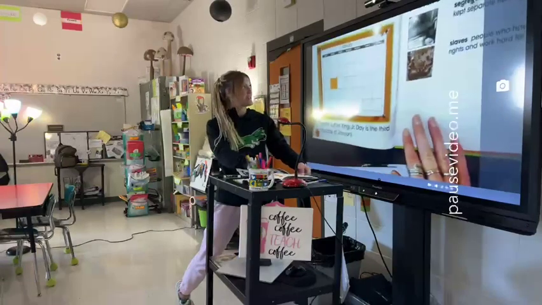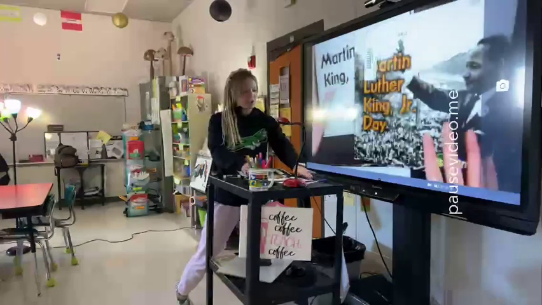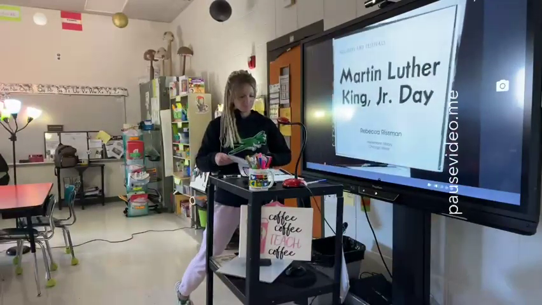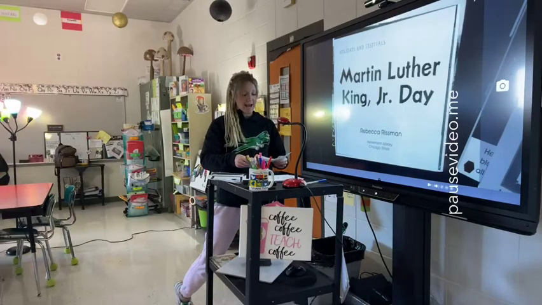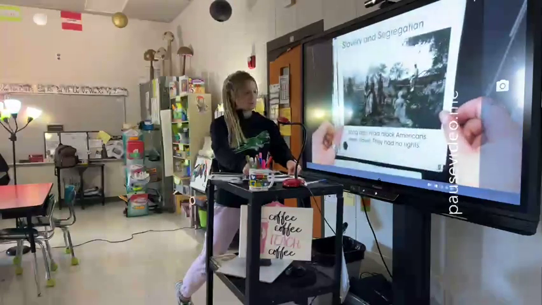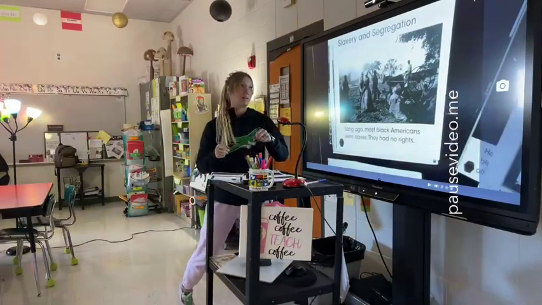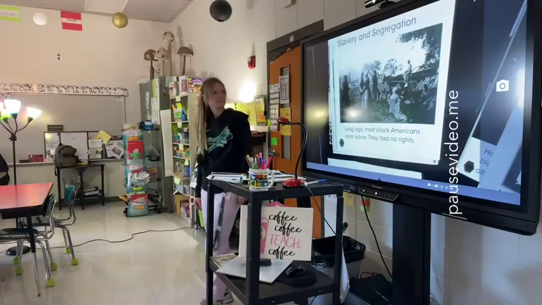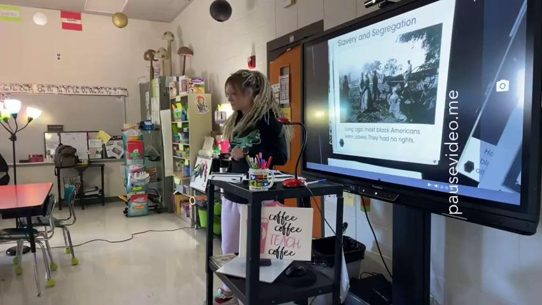And then it just goes back to the calendar and our glossary. So you guys have a title page. I'm going to pass around what happened at the beginning: long ago, there was segregation and blacks had no rights. So this shows them as slaves working hard.